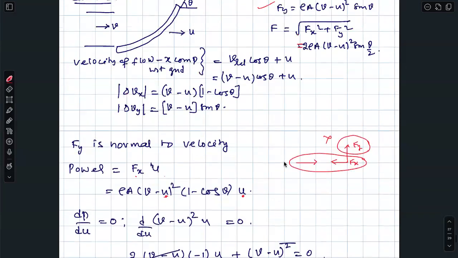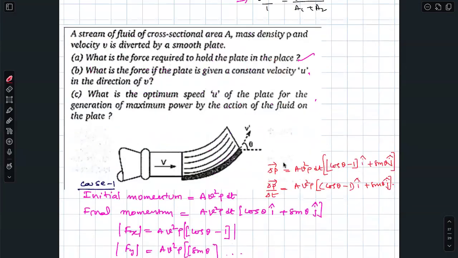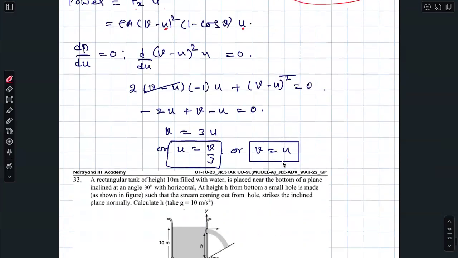While solving, you will get two equations: one is this equation, the other is V minus U equal to 0, that is V is equal to U. So two possibilities are there.